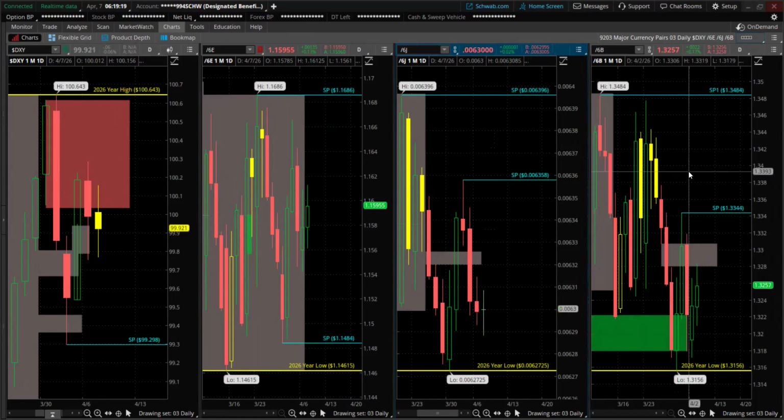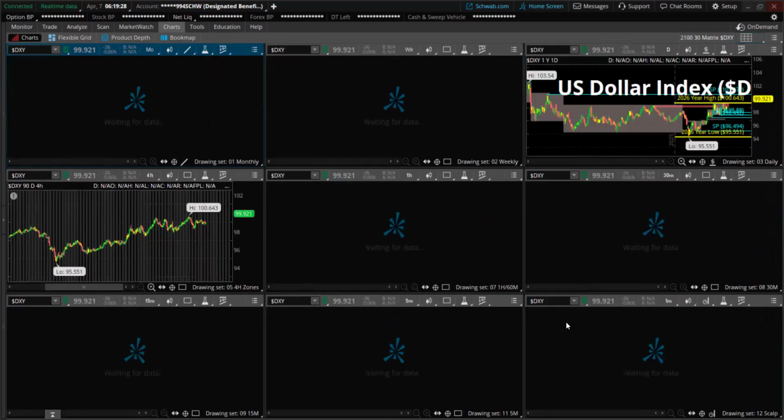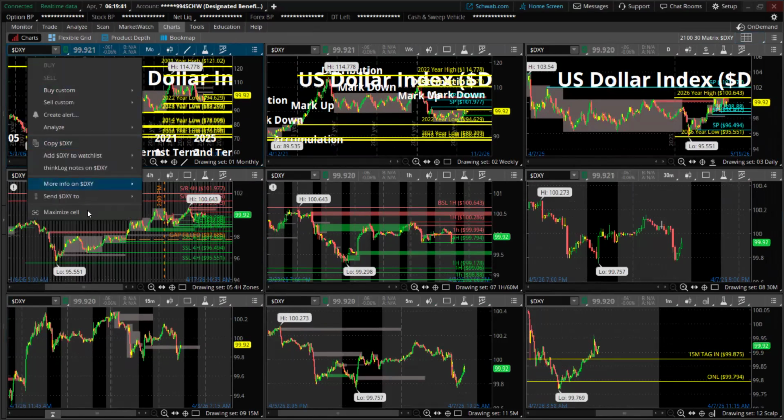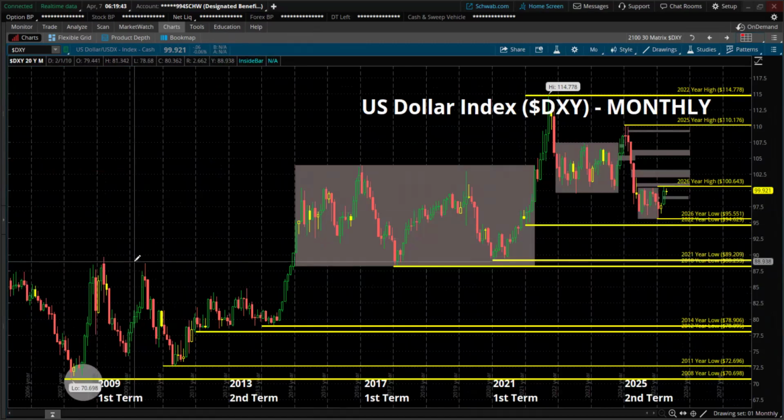So now let's go to the US dollar index, top down. Get the US dollar, multiple time frames. 20 years of history, the US dollar index.